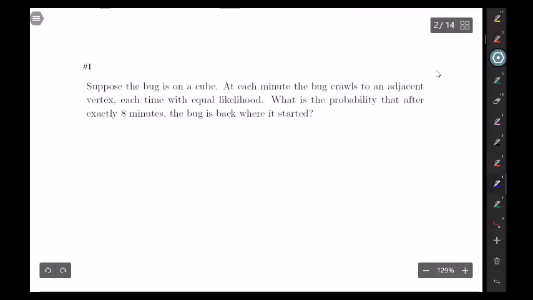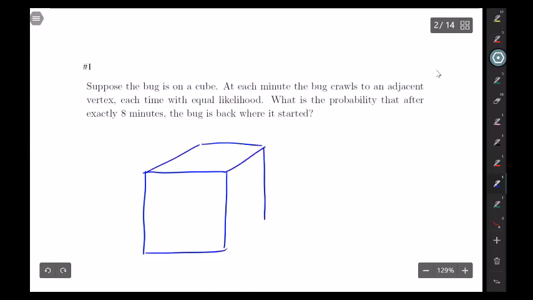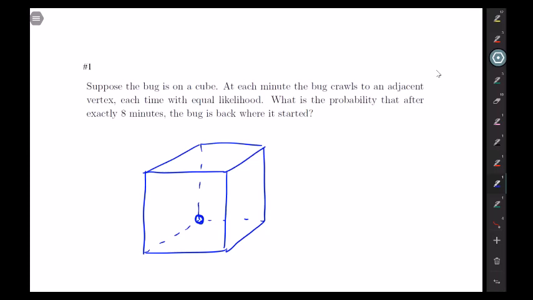All right, there we go. Okay, so I have my cube. Let's assume that the cube starts right at that corner. So the probability that after 8 minutes, we will come back to that corner.